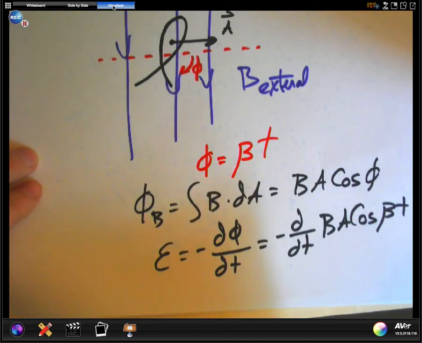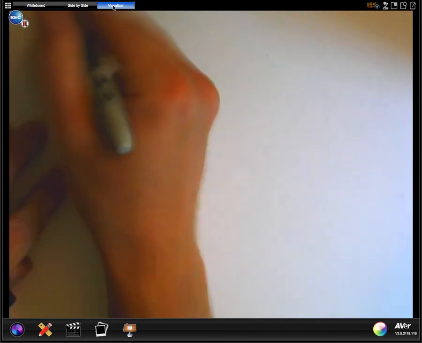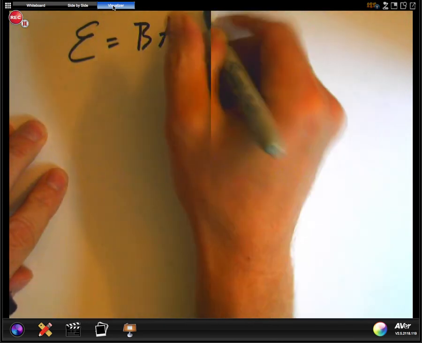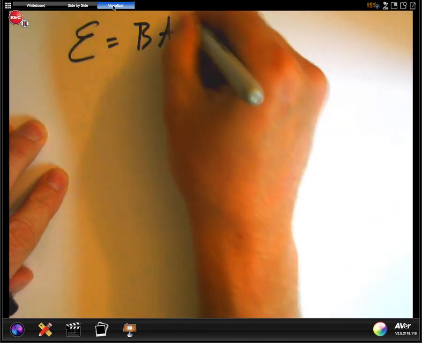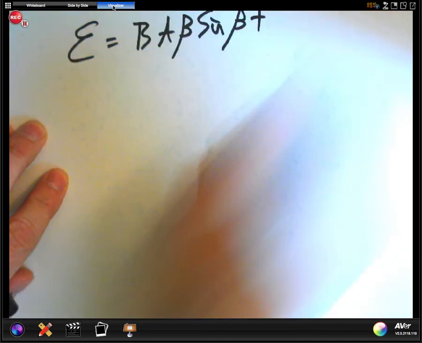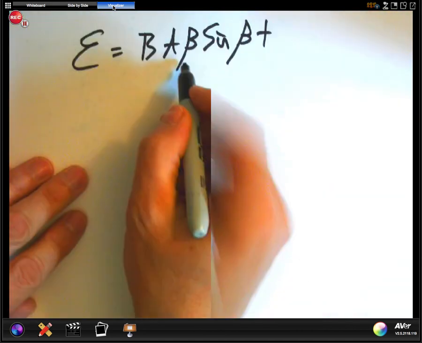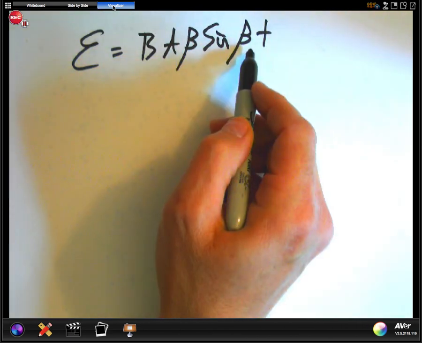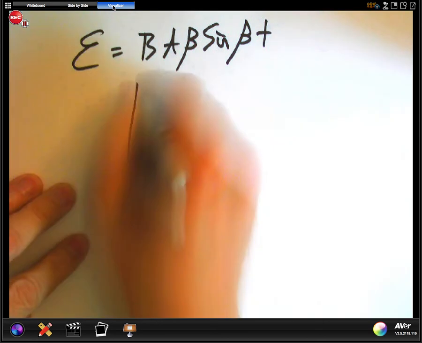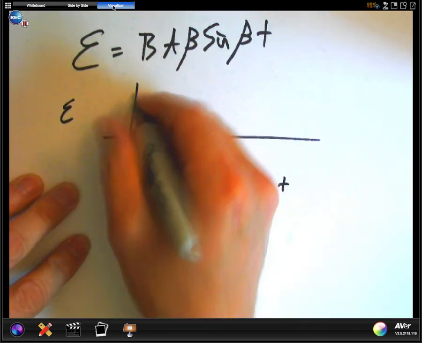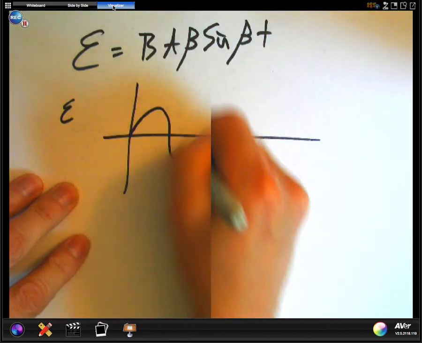What we find is that our EMF is equal to BA beta sine of beta t. Now, beta is a constant, B is a constant, A is a constant, and then we've got a sine function like this. And so our EMF over time would be varying like this.